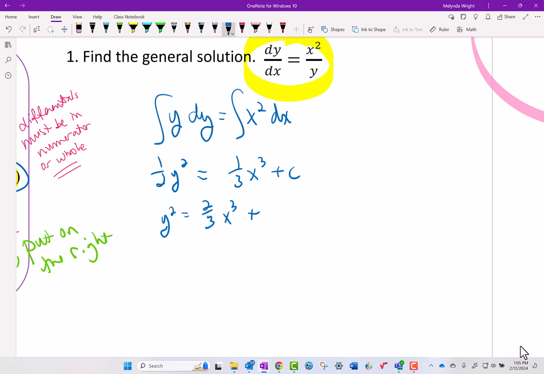Typically what we do, if we do anything algebraic that changes the value of c, what we normally do is we just change the letter to a k. I know that's very troubling. I don't like it either. And we don't do a whole lot of general solutions. We mostly do particular solutions, but I just want you to understand why I changed this to a k. Because 2 times c is just kind of weird.